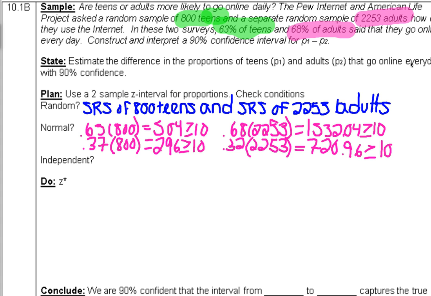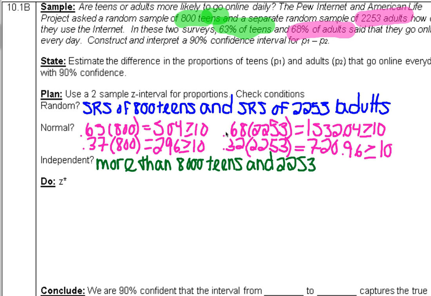Now we're ready to move on to independent. And so now we have to look at easily more than 8,000 teens, and more than 22,530 adults.